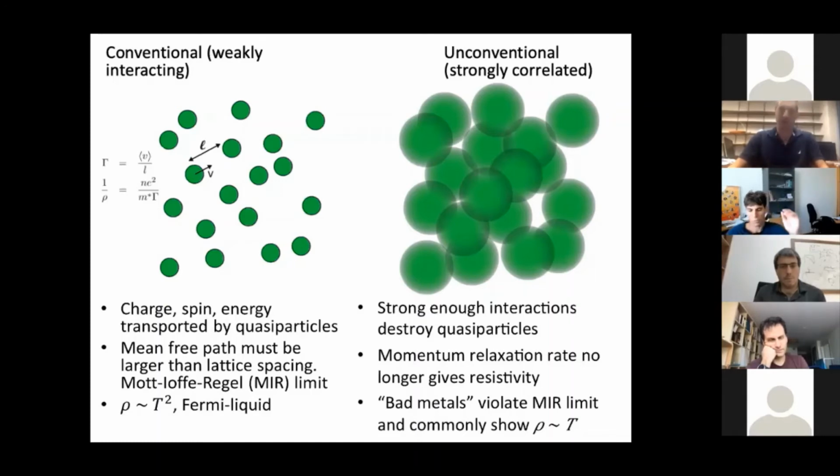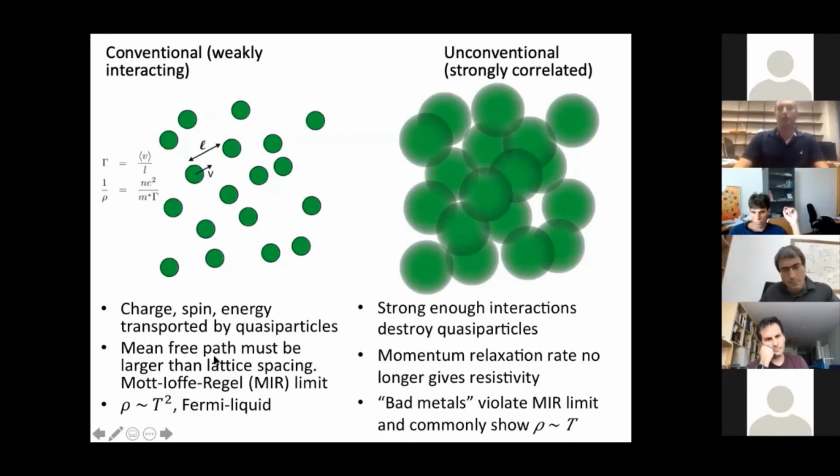It just doesn't make sense in the quasi-particle picture. Or in a lattice system, you can't talk about a mean free path shorter than the lattice spacing. This minimal mean free path is what people call the Mott-Ioffe-Regel limit, and correspondingly a maximum resistivity one can expect in this quasi-particle system as you heat up the system.